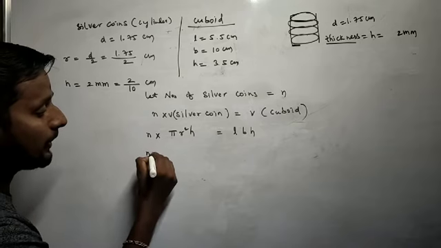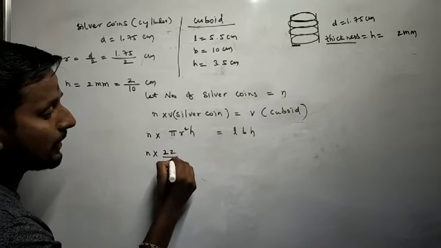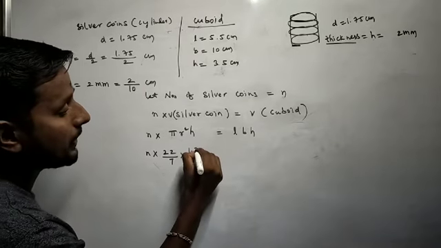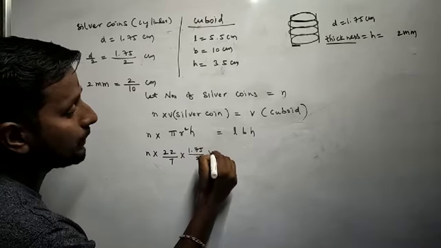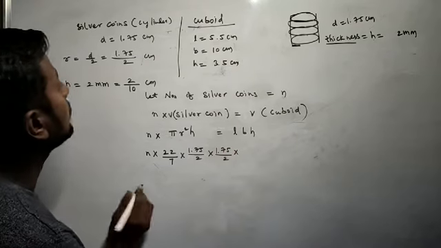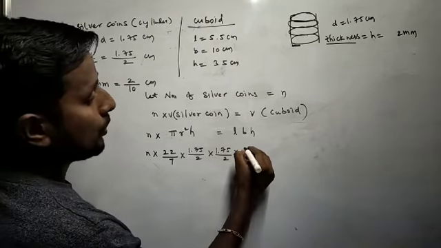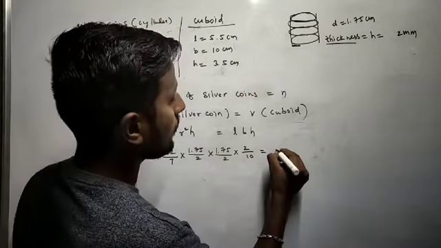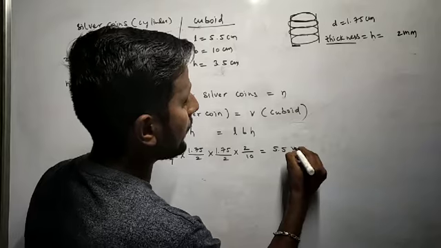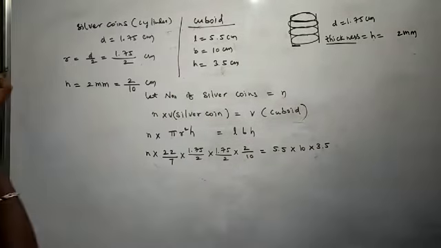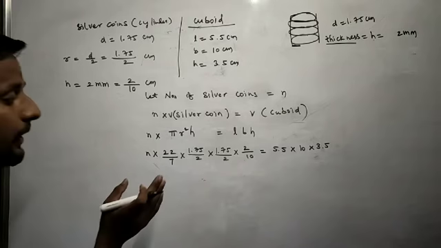So we'll write n into 22 by 7 into r square, so 1.75 by 2 into 1.75 by 2 into h value 2 by 10, that is equal to 5.5 into 10 into 3.5. Let's look at it now.